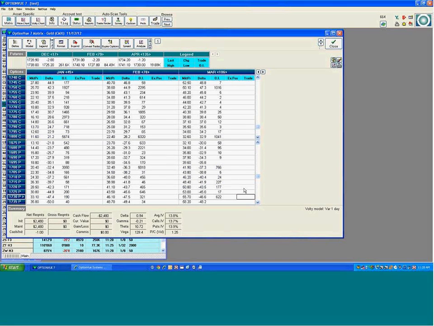There is another way where you start off with a position that is increasingly bullish.